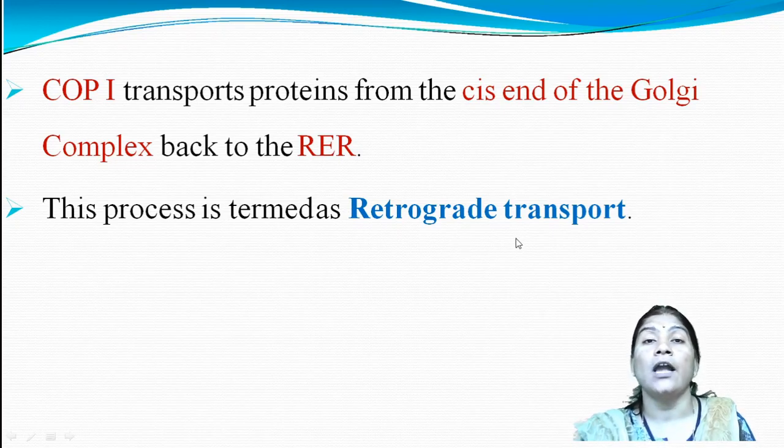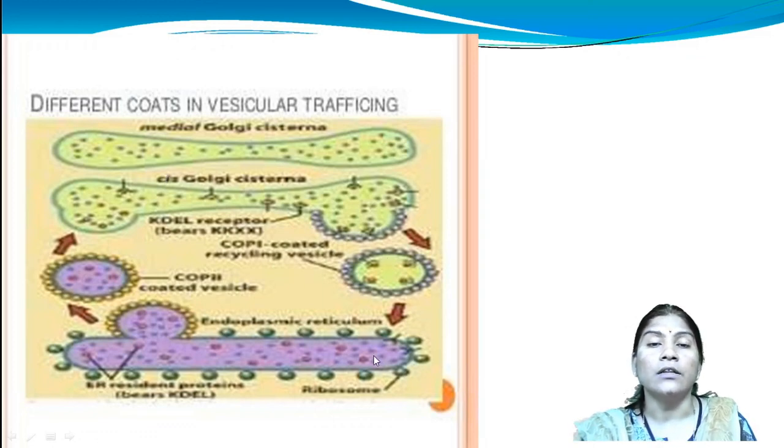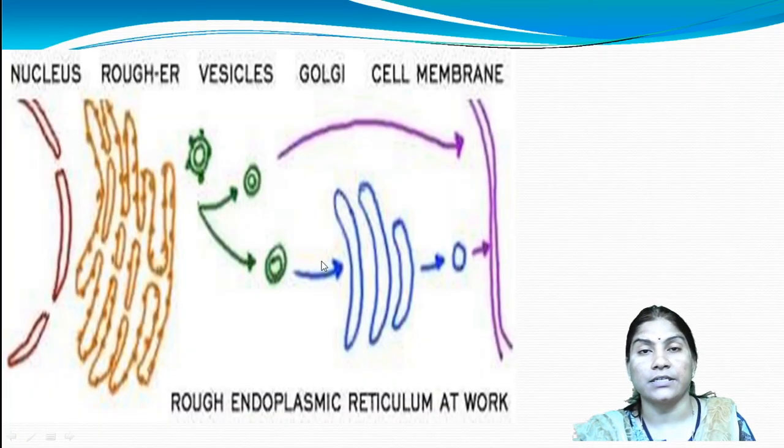Here, this diagram shows the transportation of the vesicles via the Golgi apparatus. These are the nucleus and rough endoplasmic reticulum, and there is transportation of proteins through these vesicles via the Golgi apparatus.